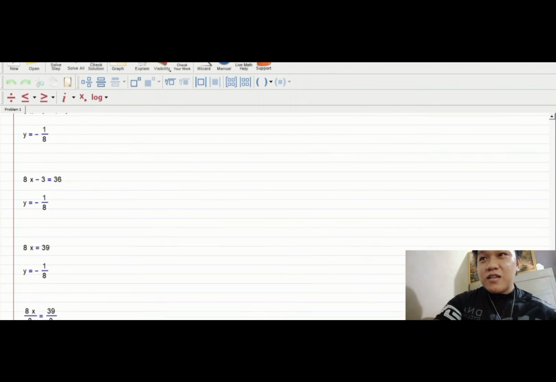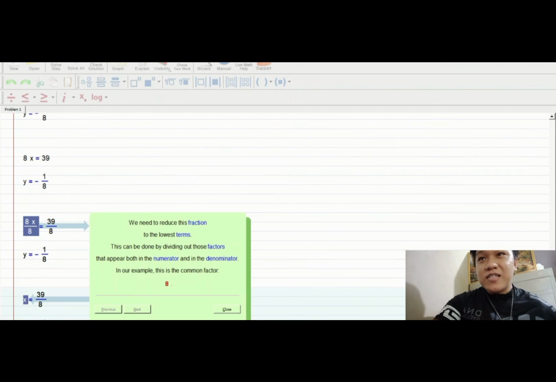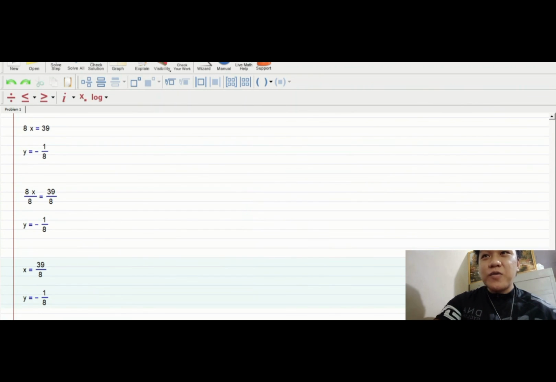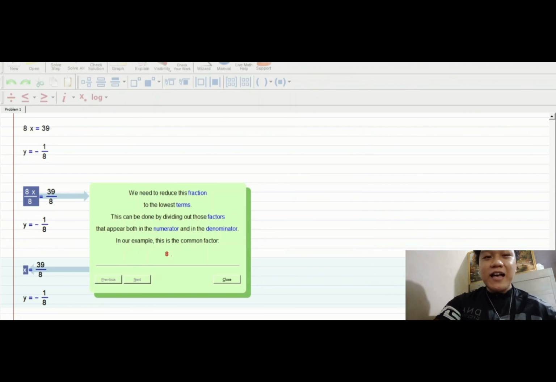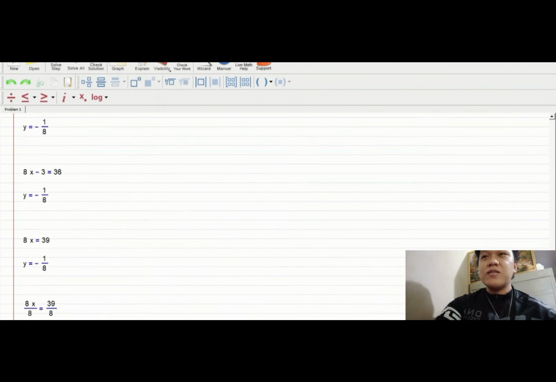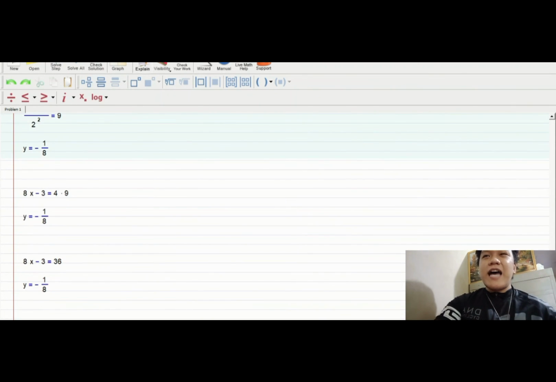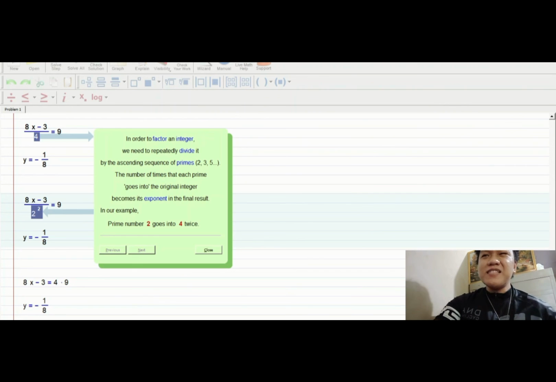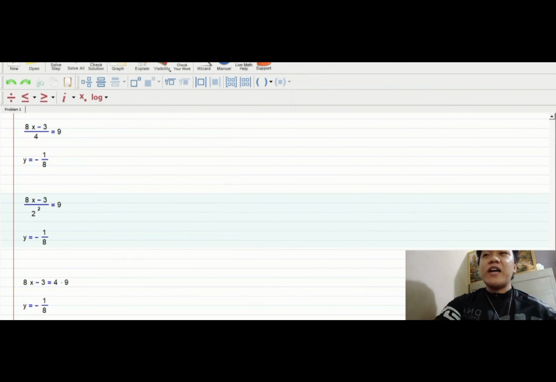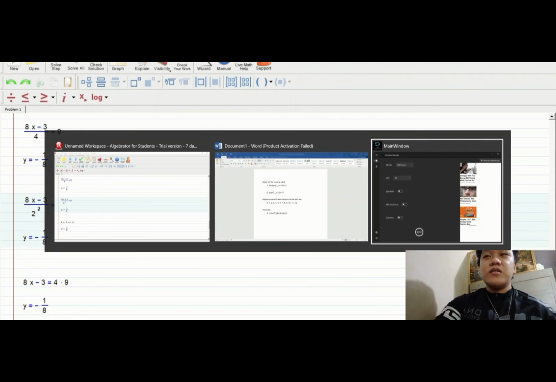If you want the step-by-step explanation, just click that explanation beside the graph. As you can see, it has a detailed explanation. If you want much more detail, you must try to avail the premium one.